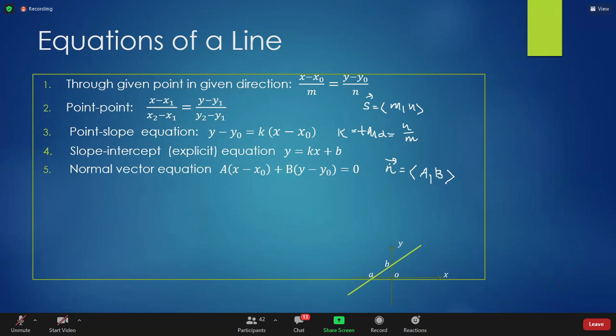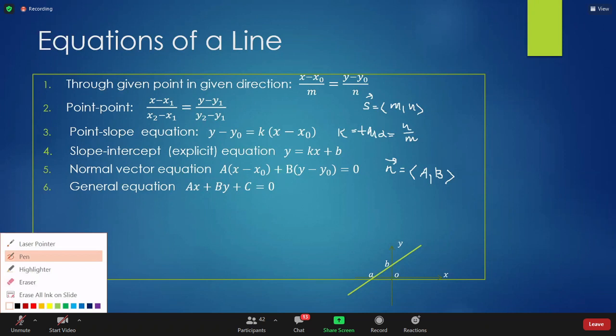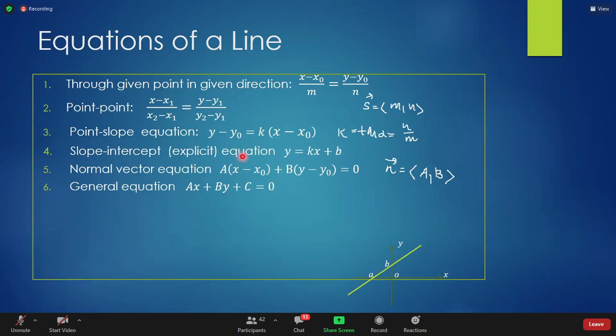And again, if we open the parentheses and combine the constants, we get the general equation, ax plus by plus c, and c would be the combination of all the previous constants. That is, c would be a times minus x0 plus b times minus y0.